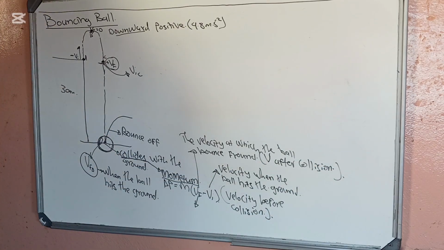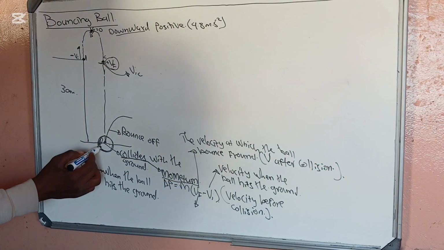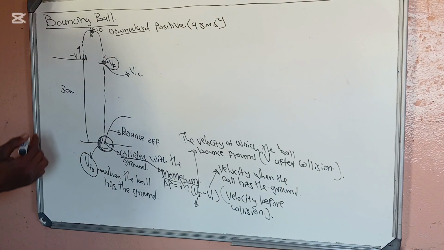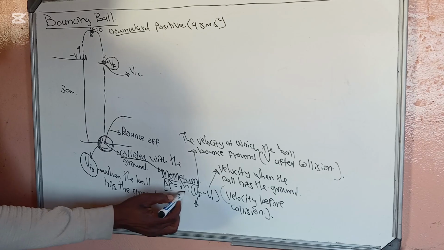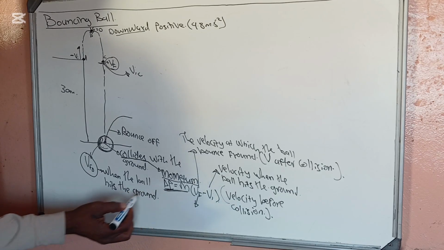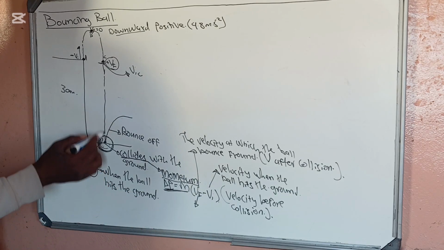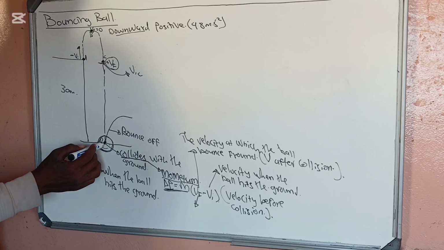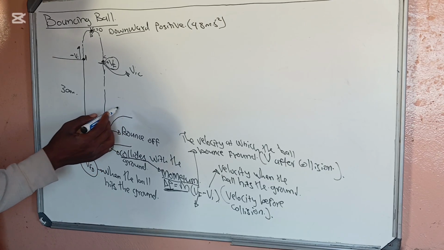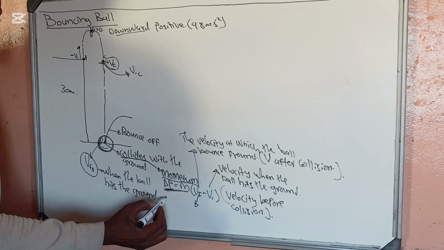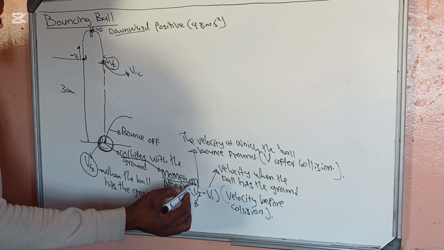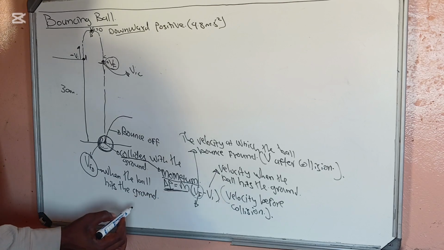Now be careful, because now we are talking about momentum, and we know straight that as long as we talk about momentum, and we know a change in momentum of this ball, because it was going down, it hits or collides with the ground, and now it changes direction and goes up. Now the final velocity will be what?